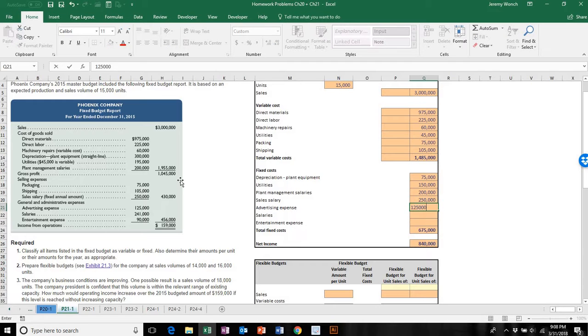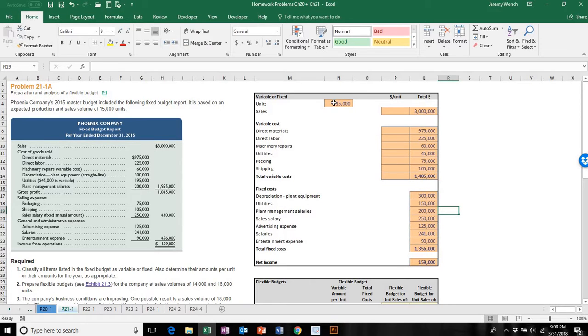We had advertising expense of 125, regular salaries of 241, and entertainment expense of 90,000. Okay, I typed something wrong because we should have the same net income of 159. Oh, depreciation. Sorry, the depreciation should have been 300,000, and now we get to our 159. Okay.